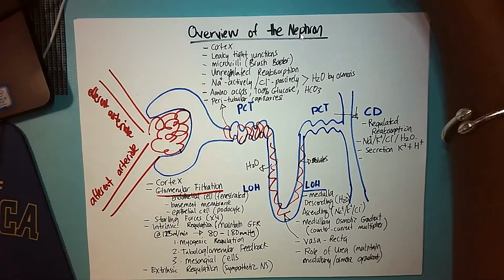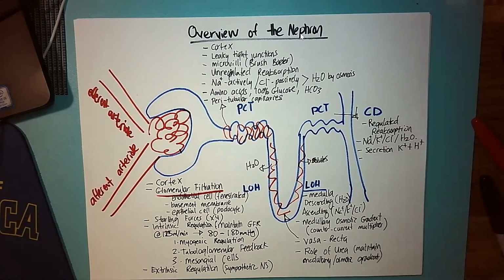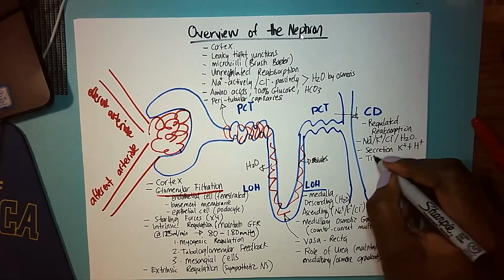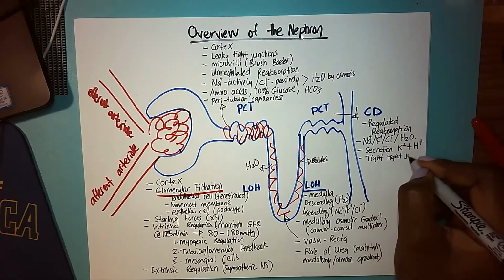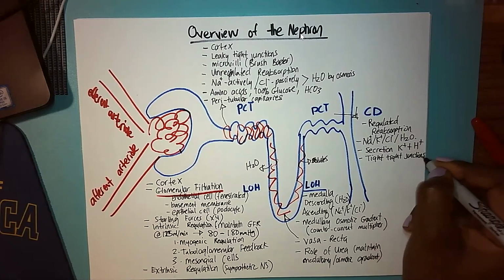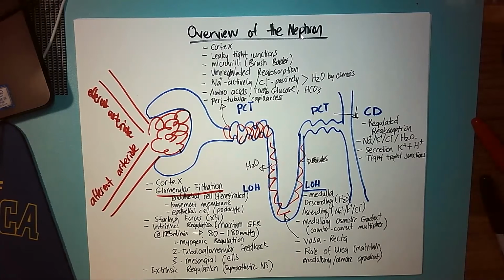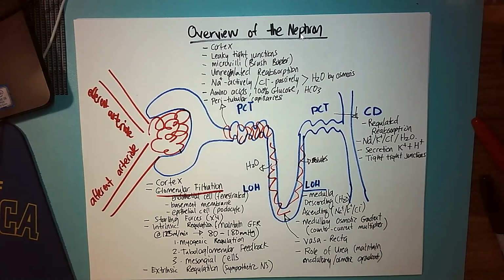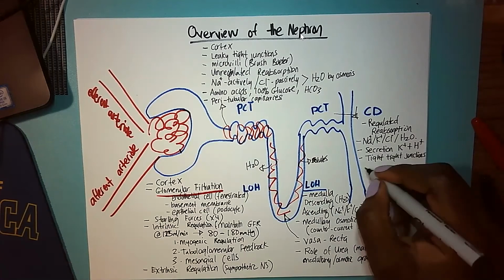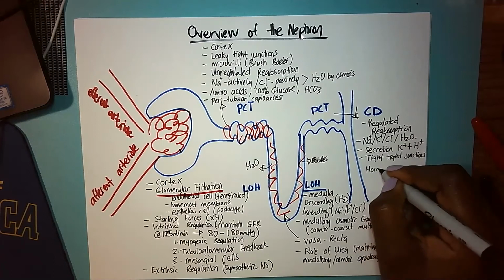We also want to point out the different features here. We see tight junctions, meaning that they do not allow for any paracellular transport, the way that we see with the leaky tight junctions of the proximal tubule.